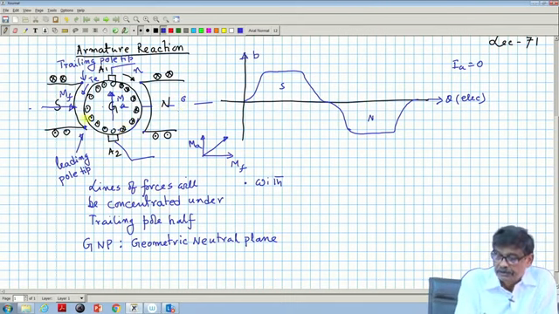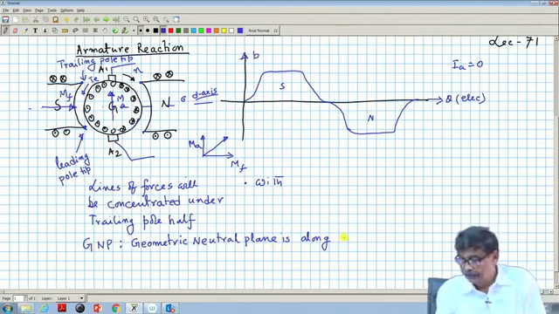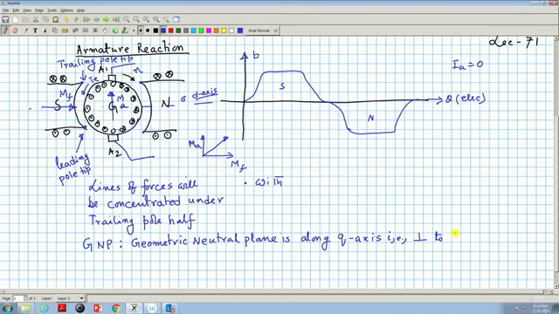No, this is not GNP. The geometric neutral plane will be, this is the d axis, with IA equal to 0, the geometric neutral plane is along the q axis, that is, perpendicular to the field axis.